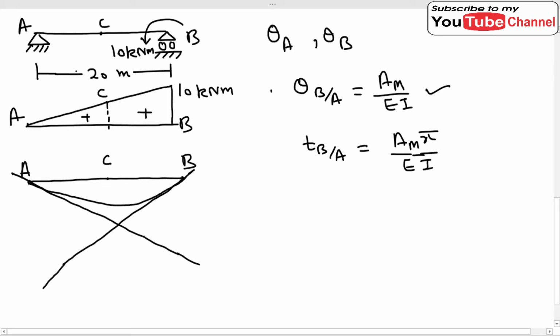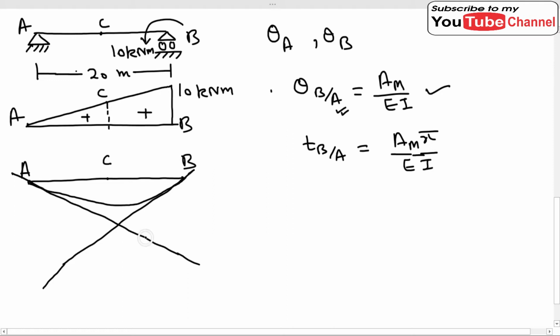Theta B over A is the angle between the two tangents drawn at B and A, measured with respect to A, because it is written like this, theta B over A. It means that we will measure the angle between these two tangents with respect to A.